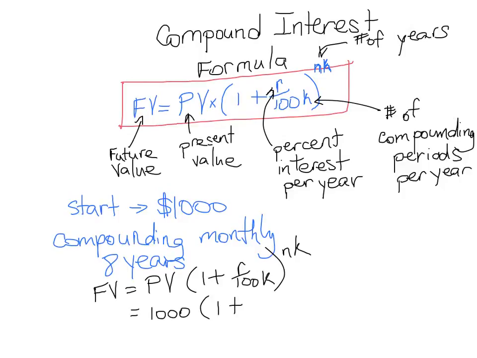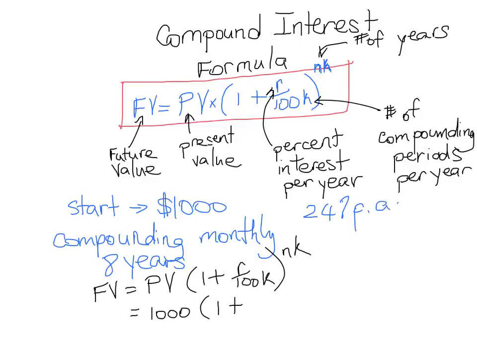Times 1 plus R, the percent per year. I didn't tell you what that would be, so sorry. Let's get that back up into the question. It's 24% per year, or per annum. And again, that would be given to you. I just forgot to give it to you earlier. So 24% per annum. That would be a given number.